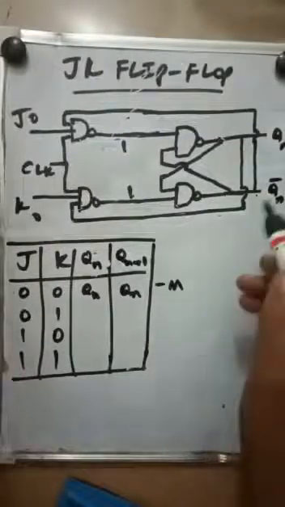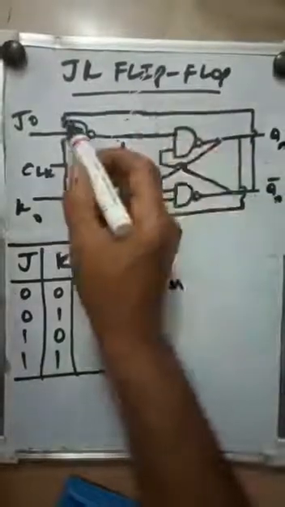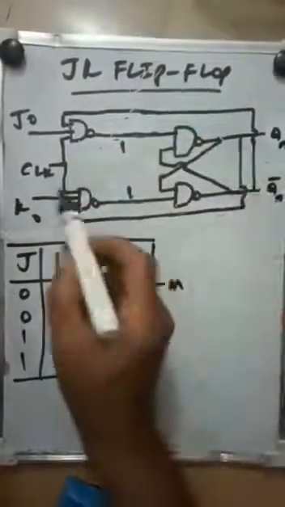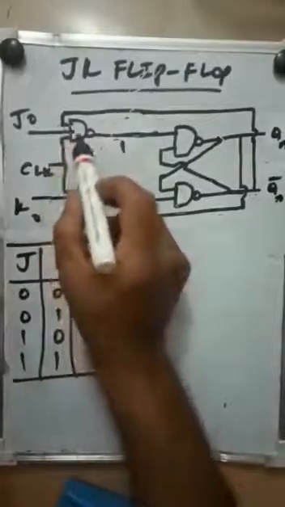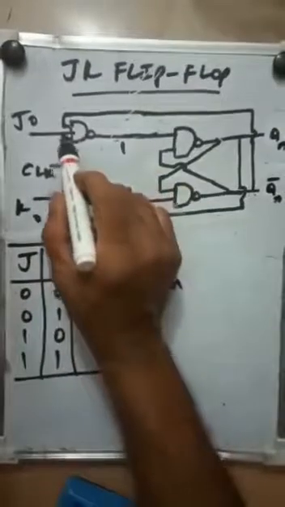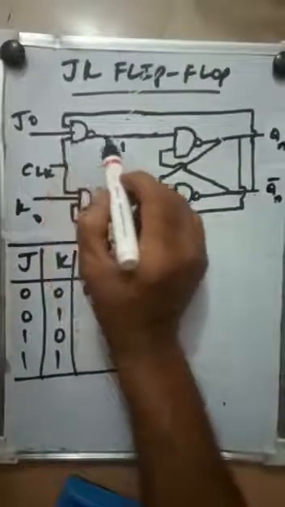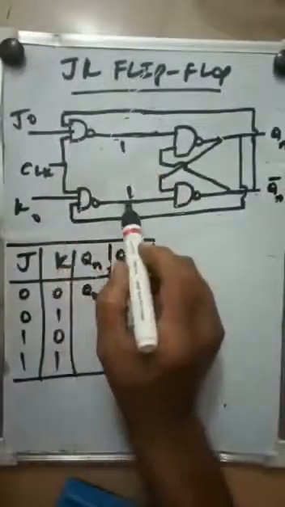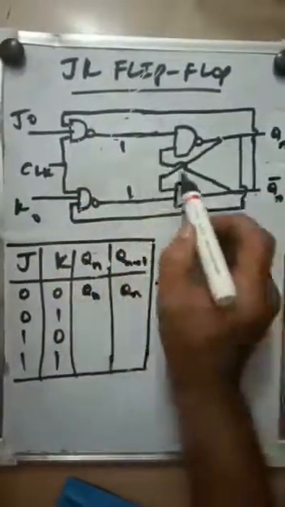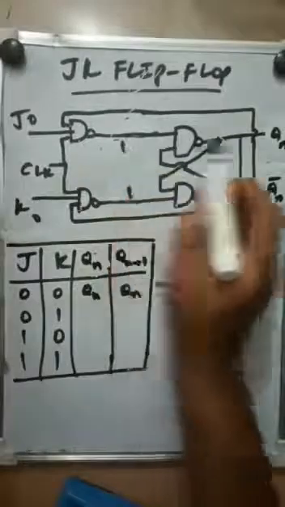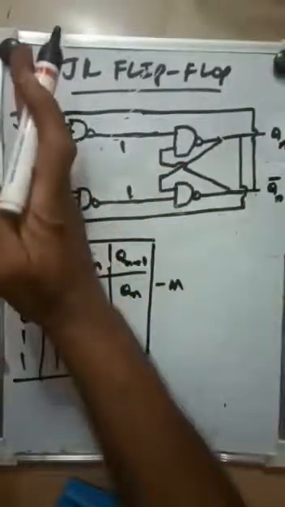Once again I am explaining. Since this is 0, anything with 0 means the output is always 1. Similarly, this is 0, so the output is always 1. So from this we have QN bar and 1, and the inputs are transferred.